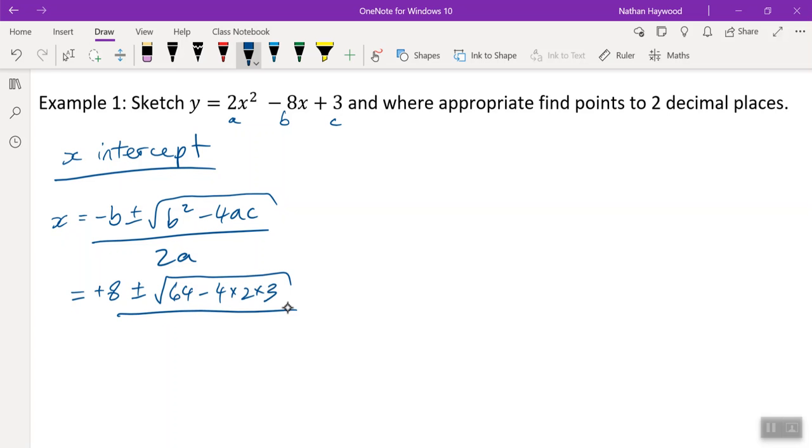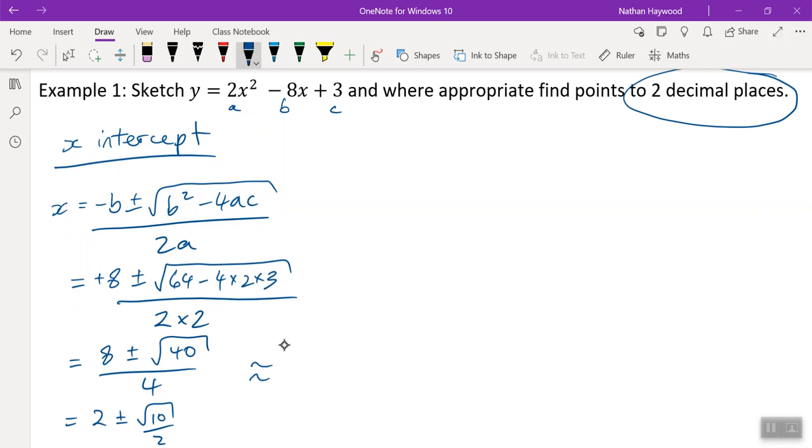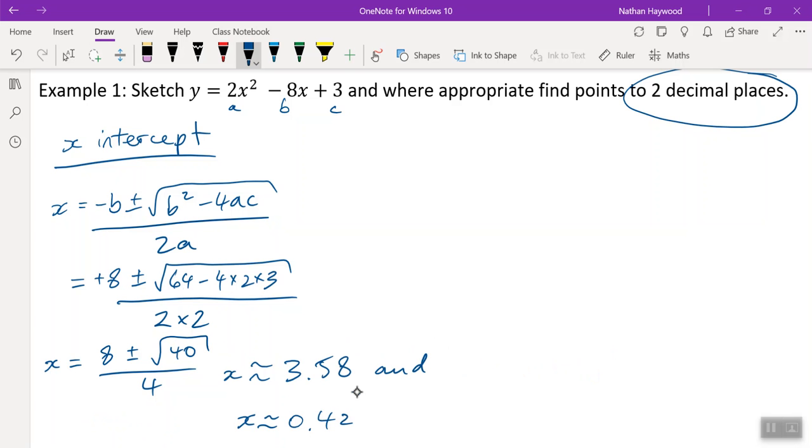Subbing it all in, you get 3.58 is one answer, and the other is 0.42. So those are our 2 X-intercepts. They look like this.